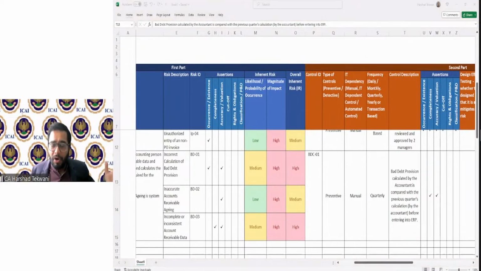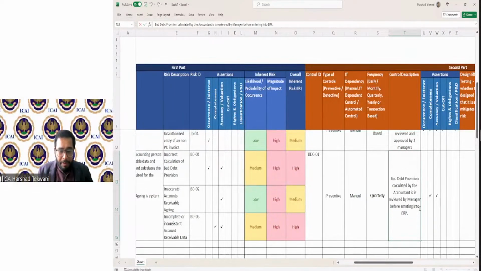If in the previous year quarter the data was incomplete, how will the control identify the data is incomplete this time also? The control is not designed effectively to mitigate these kinds of risks. Rather, the control should have been like, bad debt provision calculated by the accountant is reviewed by the manager before entering into ERP.